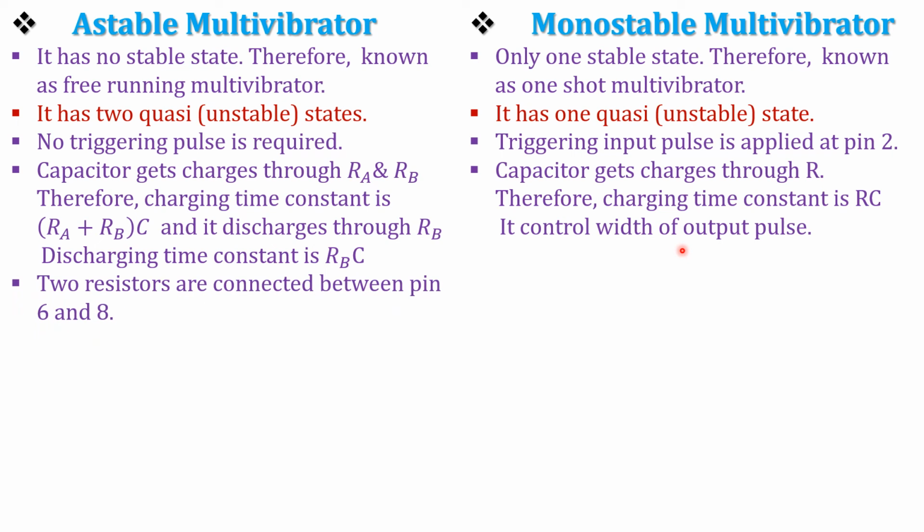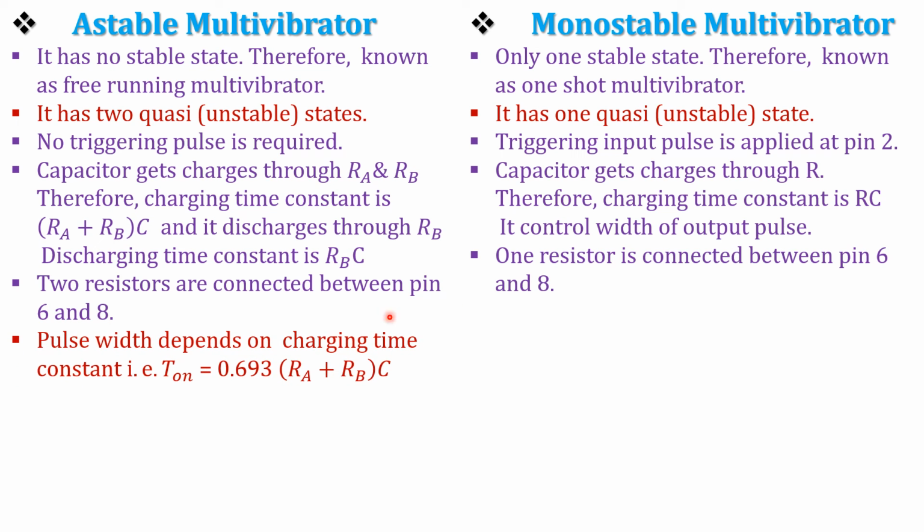Then what are the external components connected in astable and monostable multivibrators? For an astable multivibrator, there are two resistors Ra and Rb connected between pins 6 and 8. Comparing with the monostable, there is only one resistor connected between pins 6 and 8.